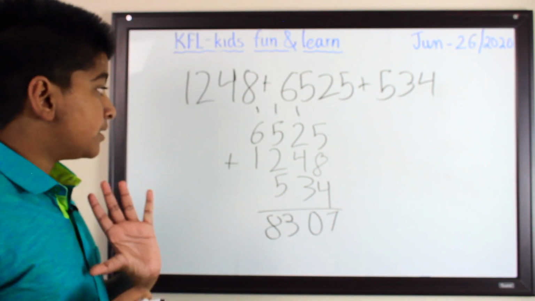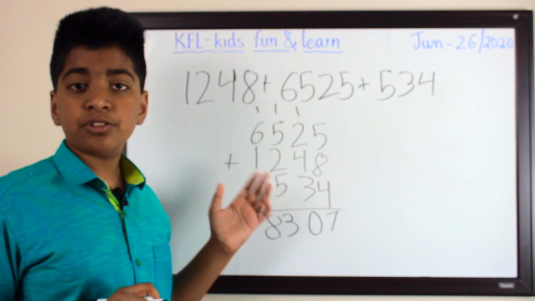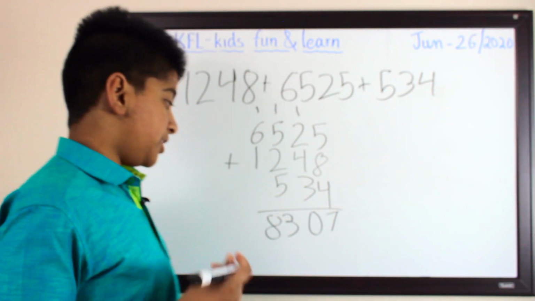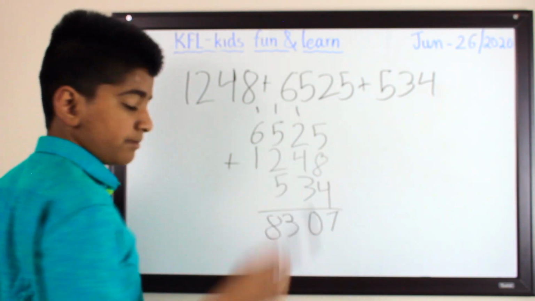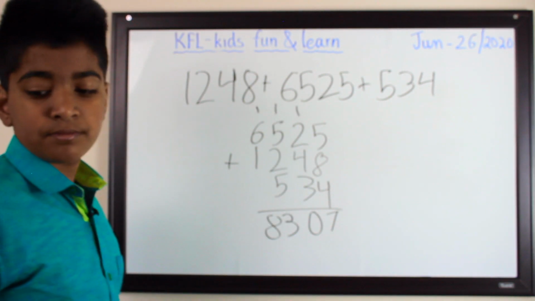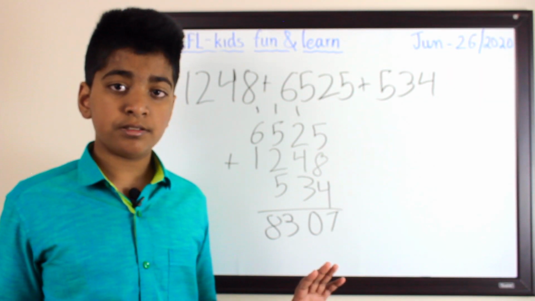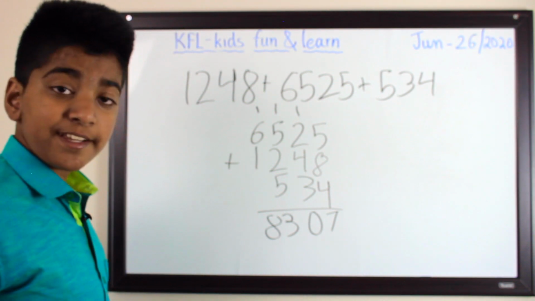So 6,525 plus 1,248 plus 534 equals 8,307. Okay?